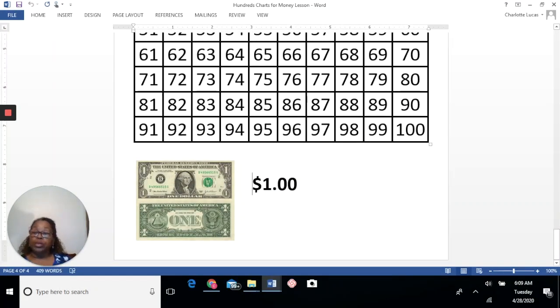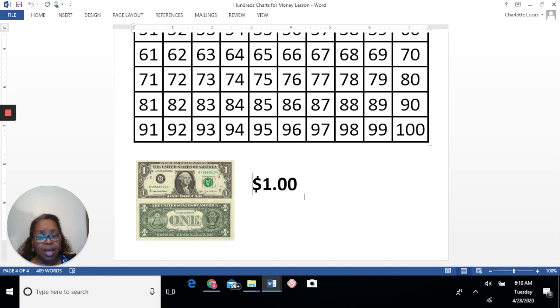So we're going to be working with dollars and we're going to be working with coins. If we're working with whole dollars, we're going to have a dollar sign and we're going to have a decimal. And the decimal separates the value of the whole dollar from the cents. If you have cents, you don't have a whole dollar. It's like a fraction. You have part of a dollar.